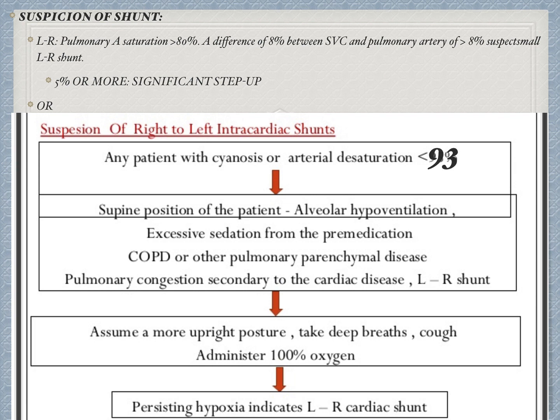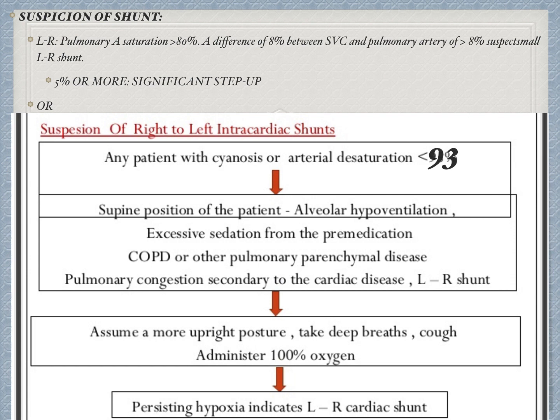Then any patient with cyanosis or arterial systemic desaturation less than or equal to 93%, even if you ask this patient to inhale profoundly several times in the supine position and the patient still is desaturated, we could be talking about different causes of this desaturation.